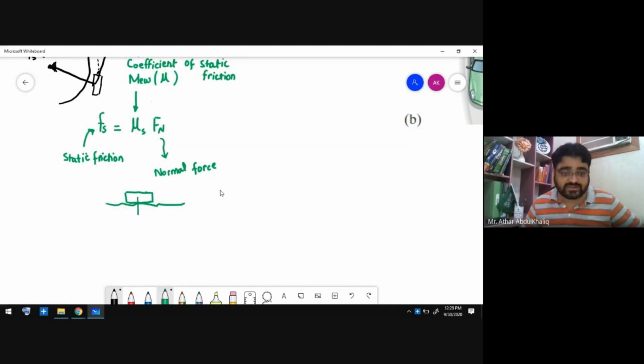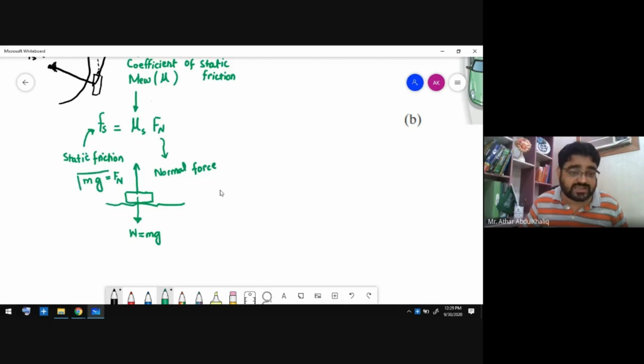You know that weight is always directed toward the center, downwards. So if there is only weight acting on it, it will move downward. It means there is another force equal to this weight and upward in direction, the normal force, equal and opposite to the weight of the object.